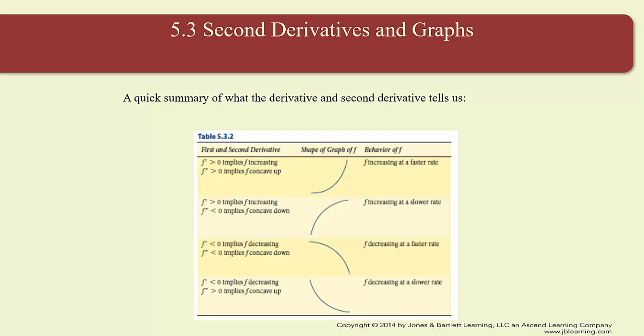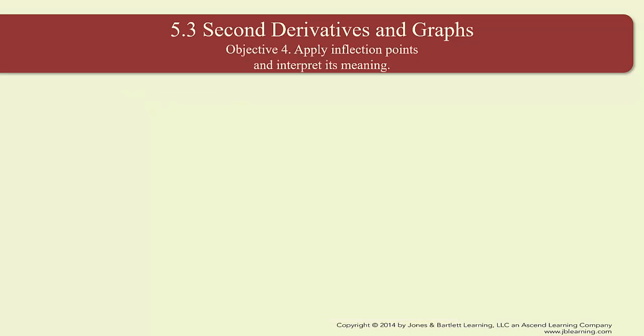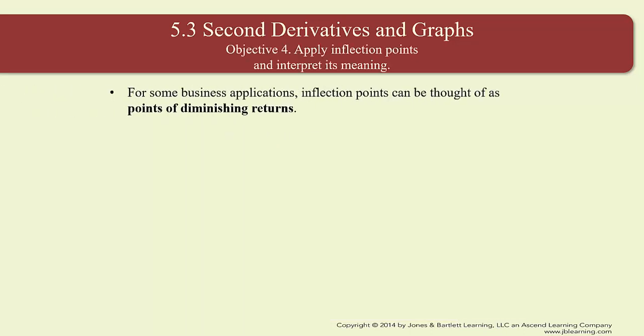Likewise, you can look at the third row and the fourth row, but I just wanted to highlight this table real quickly because it leads into the last thing we're going to look at in this section. There are some business applications of inflection points.